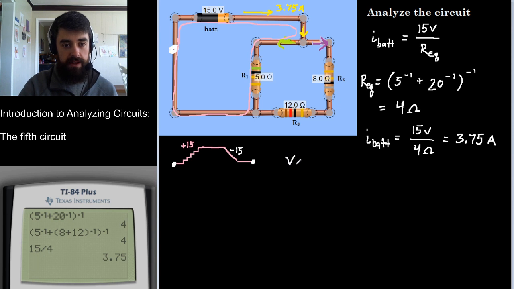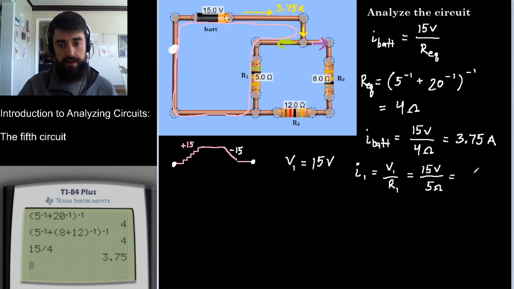I will say V1, the voltage drop across R1, is going to be 15 volts of drop. And because I know V1, and I also know R1, which is 5 ohms, I can say I1 equals V1 over R1. 15 volts divided by 5 ohms is 3 amps.